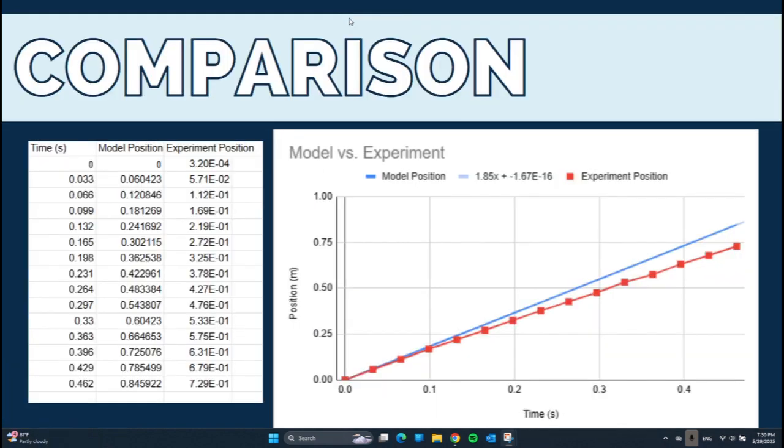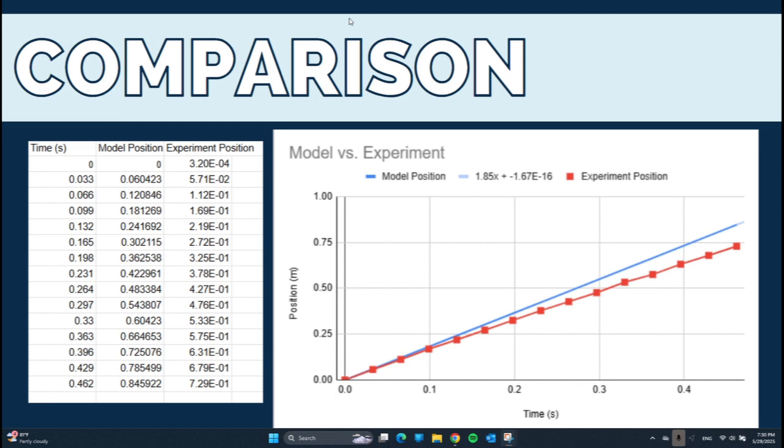This position versus time graph of the car shows a comparison between observations and predictions, where the observed positions at different times are shown in red squares and the predicted positions are shown by a blue line. Some similarities between both datasets are that they show a general increase in position over time, which aligns with Newton's first law and Newton's second law.